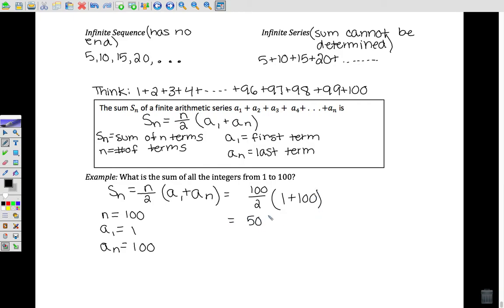That's 50 times 101, which gives me a total of 5050. You might have been able to determine that a different way, using a different strategy, but this formula is going to work for any arithmetic series you're trying to add up.